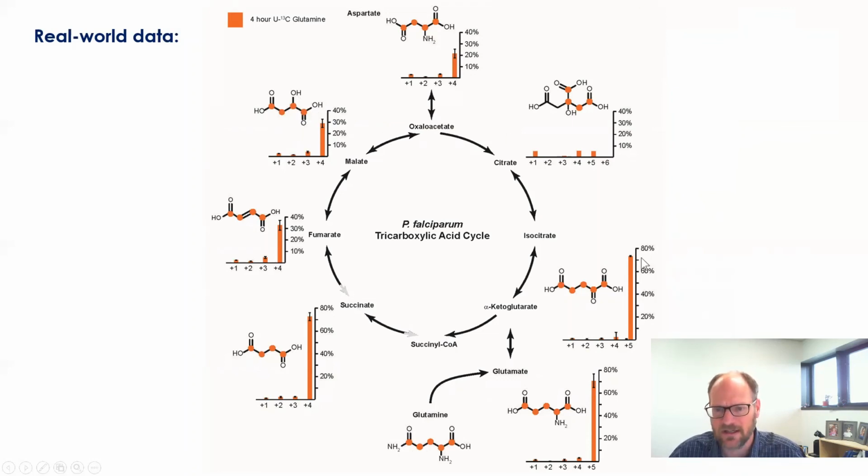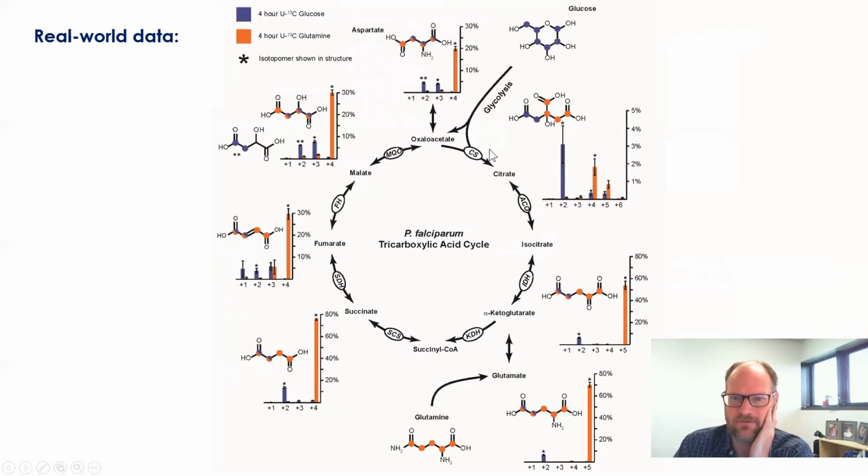Now, if we look at these percent labelings, we see that only a tiny fraction of this carbon actually ends up in oxidative turning of the TCA cycle in the malaria parasite. And if we look at isotope labeling from glucose, we see that the little turning that does occur ends up in 2 forms. We see 2+ labeled citrate, but we also see 3+ labeled.